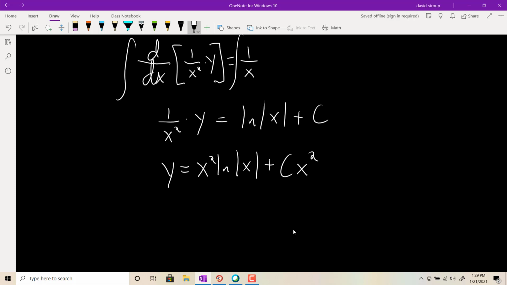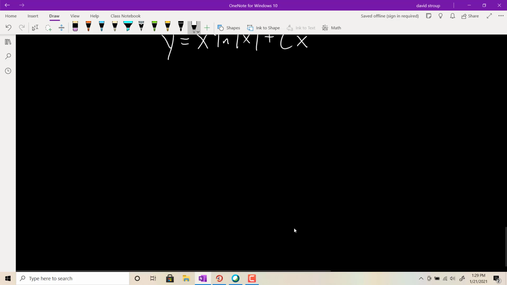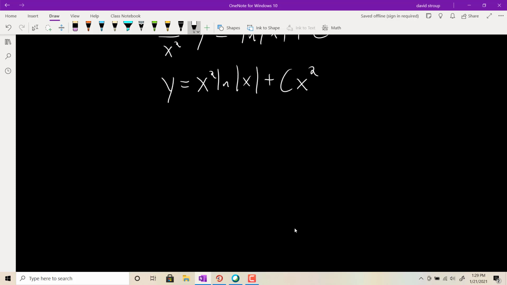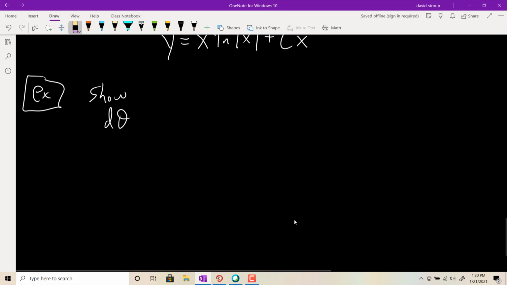Okay, let's move on to these mixing problems that you'll probably see again later, maybe. In this example, we want to show that this differential equation models the mixing problem. And I'll explain what that is after I write out the formula.